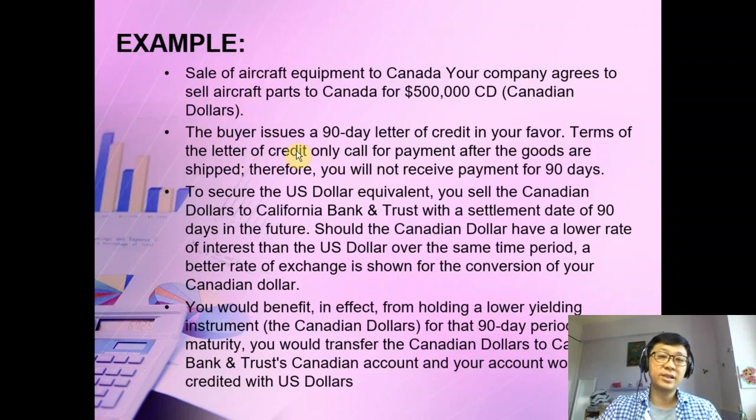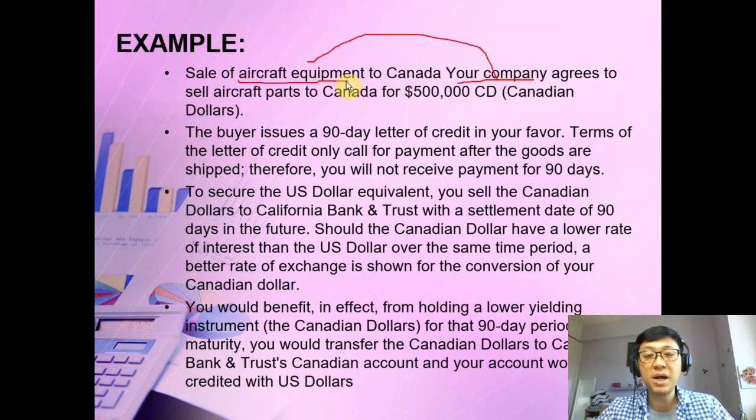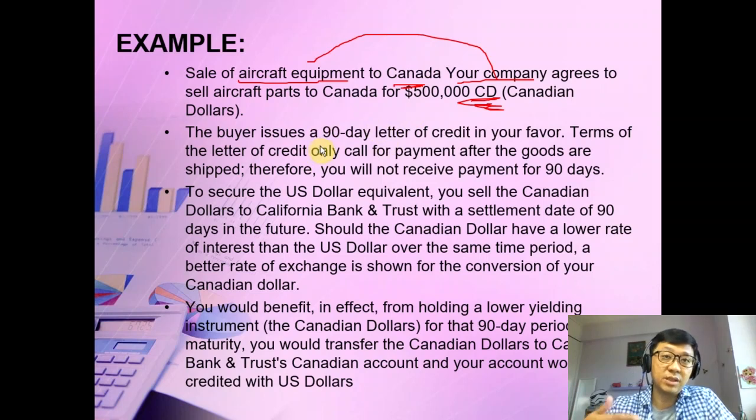So let's take a look at this example. It's quite similar to some of the earlier examples. Now you are a company that has agreed to sell some aircraft parts and equipment to Canada in Canadian dollars. So you will be receiving Canadian dollars since your buyer is going to pay you in Canadian, and maybe you prefer US dollars. But usually in sales transactions in the normal world, there is always a 90-day letter of credit.